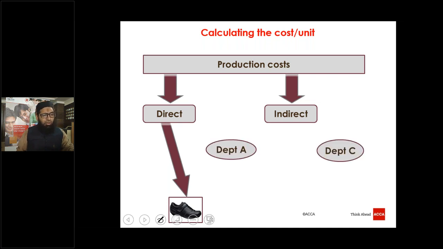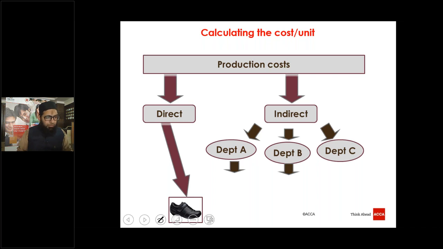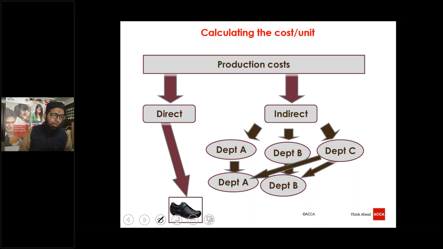Now, as far as indirect cost is concerned, these costs are first charged to departments known as cost centers. Then we reapportion the cost of Department C, for example, to Departments A and B. This is because Department C is known as a service cost center.